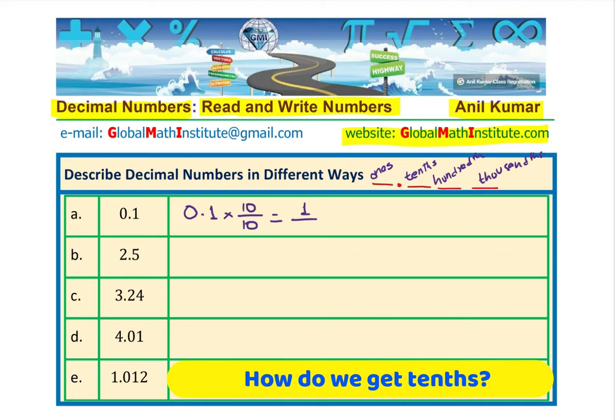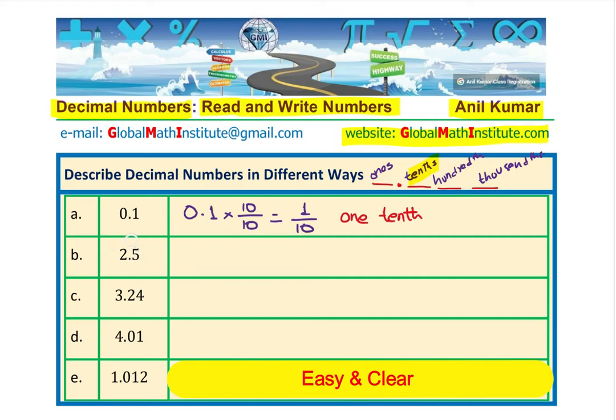And in the denominator, we have 10. So it's now easy to understand and interpret this as what? It is 1 tenth. Makes sense? So this number 1, which happens to be in tenths place, do you see that? Immediately after decimal is 1 tenth. Makes sense, right? Correct? Okay.